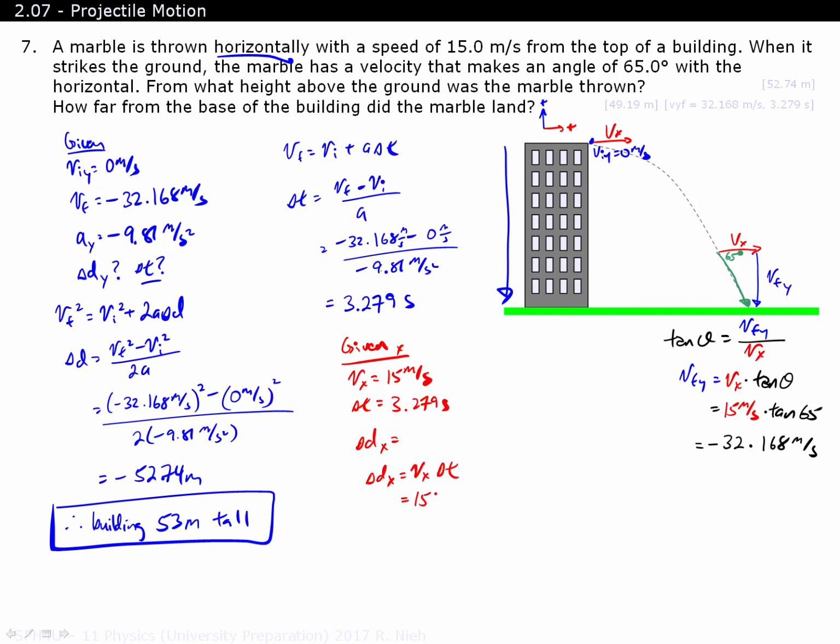Vx of 15 meters per second times a time of 3.279 seconds will give us a grand distance of 49.19 meters. With our givens of 3 sig fig, therefore the object has landed 49.2 meters from the base of the building. So this horizontal range of dx is equal to 49.2 meters.